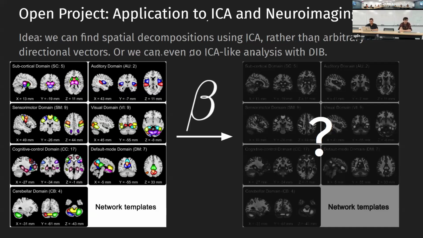Whether or not we want to use our independent components as a set of basis functions for decomposing the signal is one thought I had. But really, I think the more interesting thing is using it to do something like spatial ICA, where we have a spatial decomposition that we're interested in. Maybe we also want to enforce some independence in that spatial decomposition, and we look at the trade-off in that bottleneck.